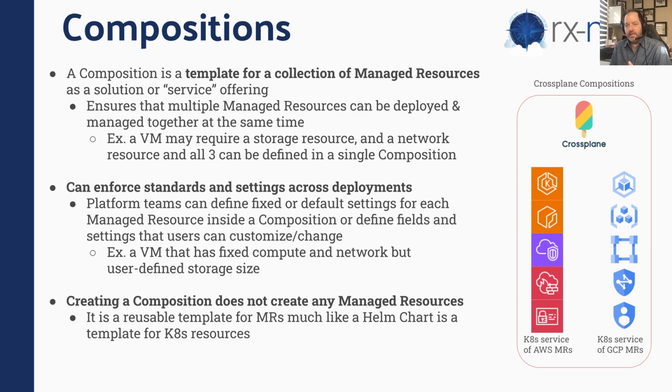You've got GKE, you've got the GCR for the registry, you've got the VPC settings, the firewall for GCP, and then you've got the IAM things that you need for both GCP and AWS. And so if we put all those things together, we can then create a more cohesive set of managed resources that represent a Kubernetes service, right?